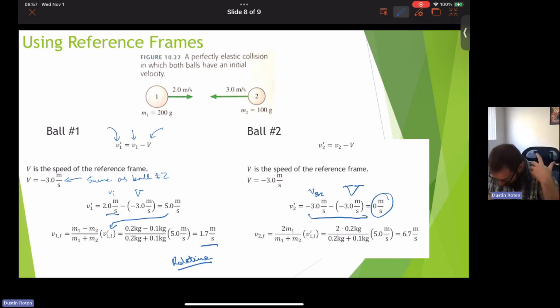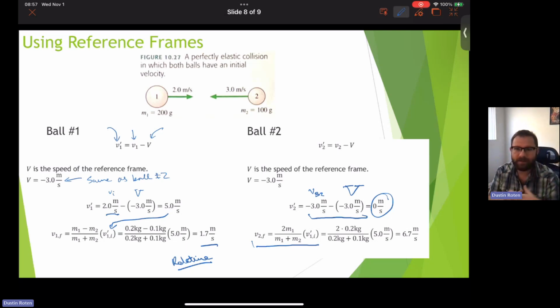Okay, well, let's see. Actually, hold on, I'm getting ahead of myself. Let's take a look. In this equation, we don't even need ball 2 anymore. Well, that's nice.